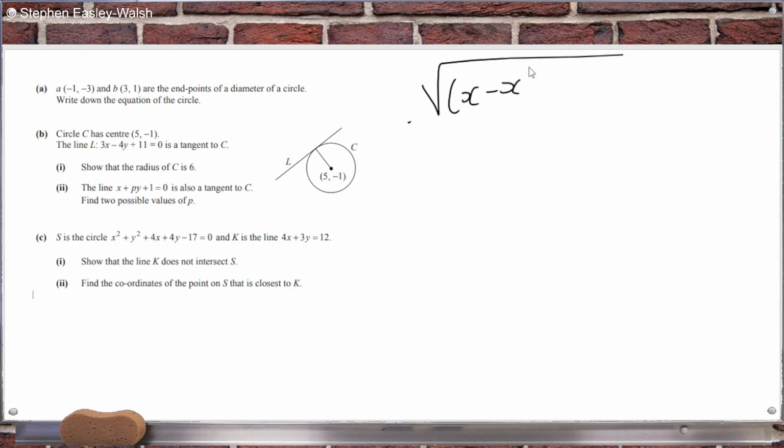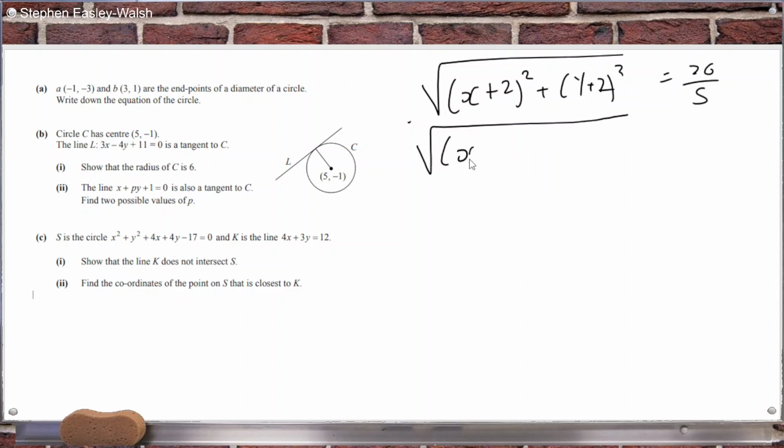Well, I'll fill in the numbers. x plus 2 squared plus y plus 2 squared equals 26 over 5. So that's the square root of x plus 2 squared plus y squared, and y is minus 4x minus 12 over 3, squared, equals 26 over 5.